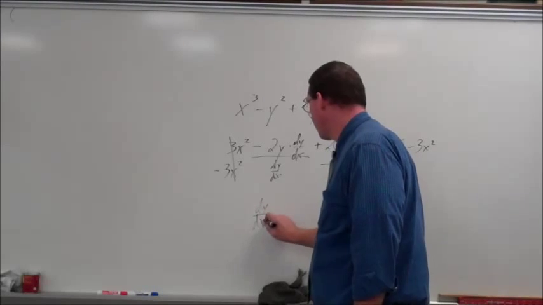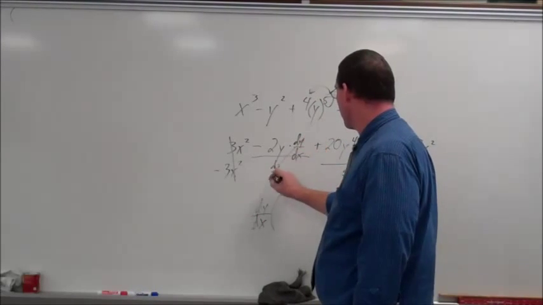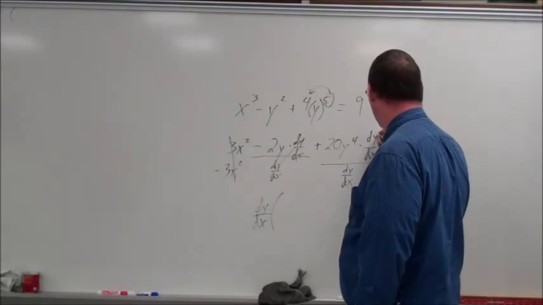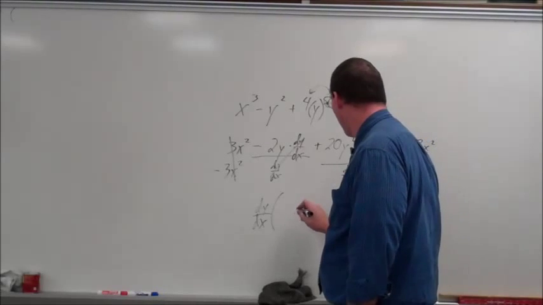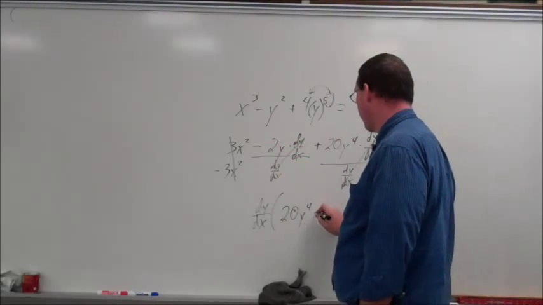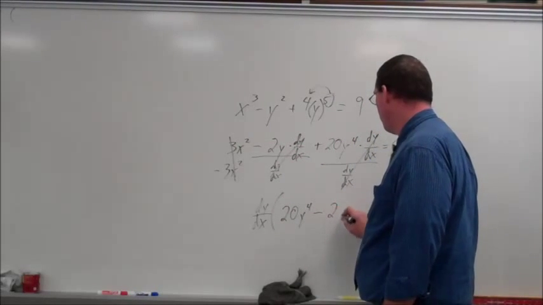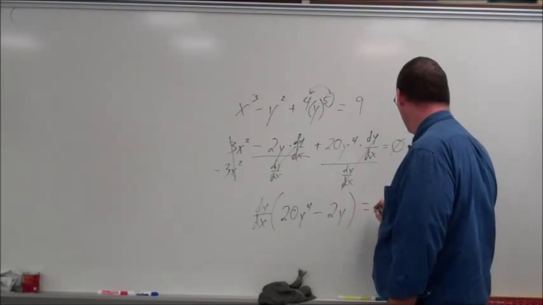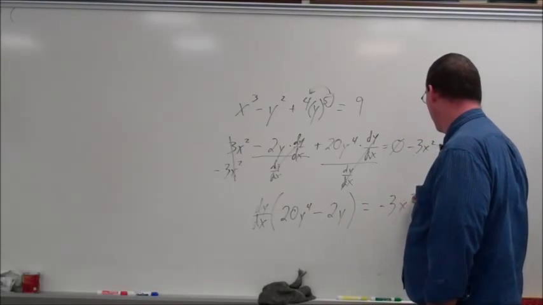Dy dx. Okay, cancel. All we have left is negative 2y. Cancel. All we have left is 20y to the fourth. So I got 20y to the fourth. I'm just switching these around because I like having the minus afterwards. Minus 2y equals negative 3x squared.